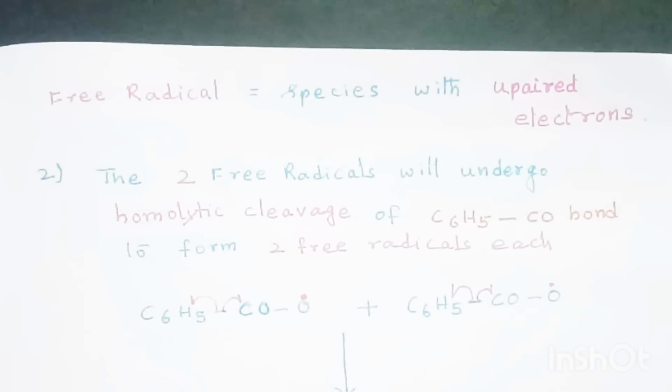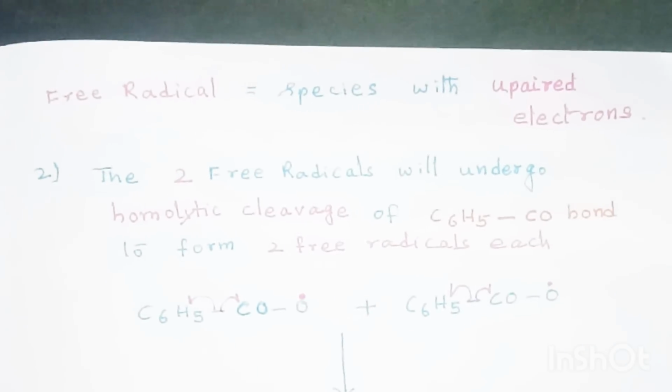This radical and this radical will form a bond because this denotes an electron, this denotes an electron. So a bond is formed, as a result of which we get carbon dioxide. Here also we get carbon dioxide. So we are left with C6H5 radical and C6H5 radicals.